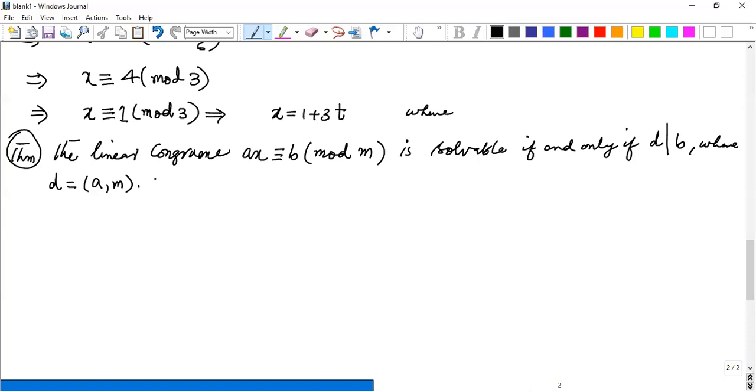But here the next part of the result is very important, and this is related to our linear congruence as well. The first part can be converted into linear Diophantine equations as well.